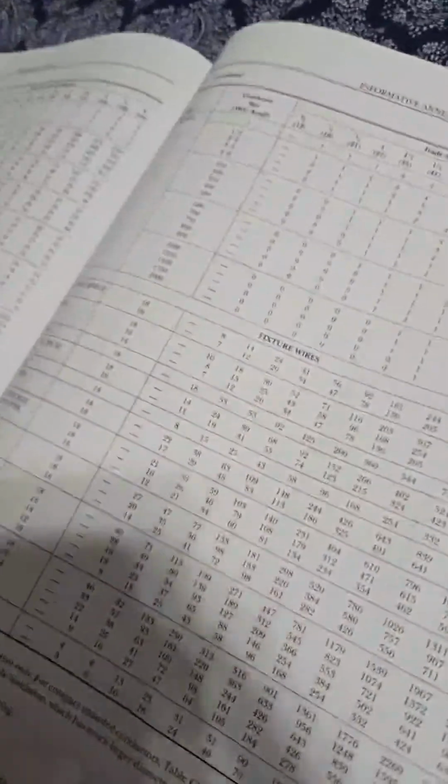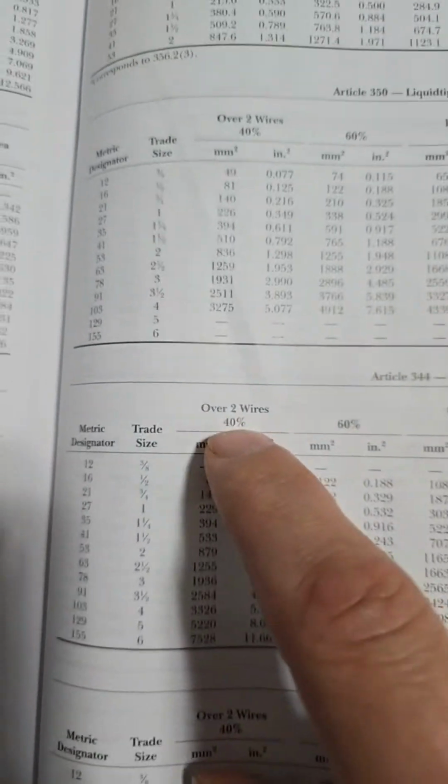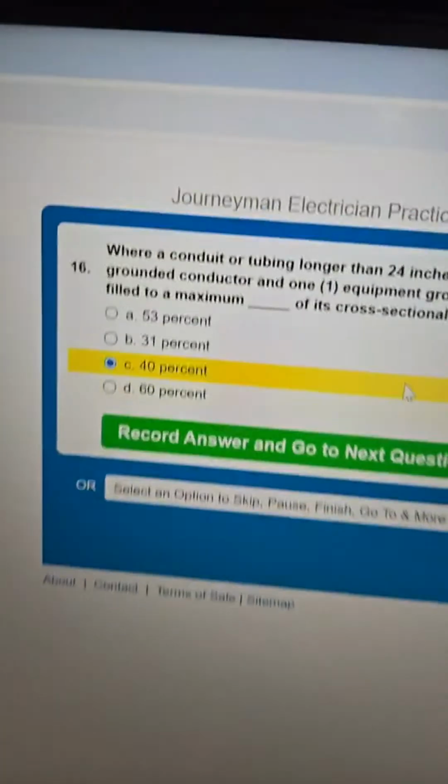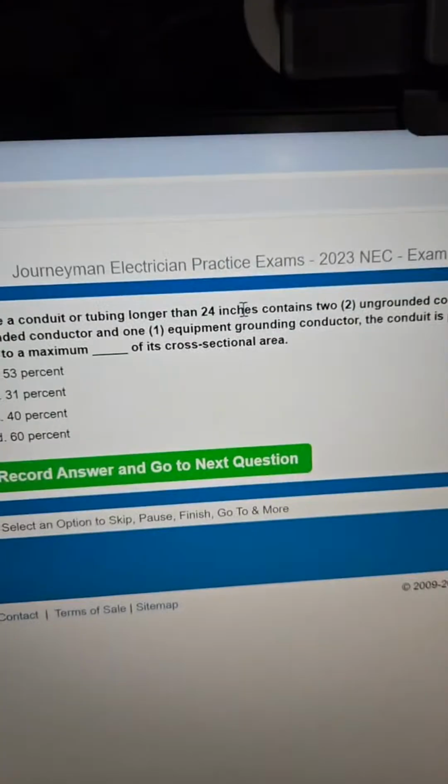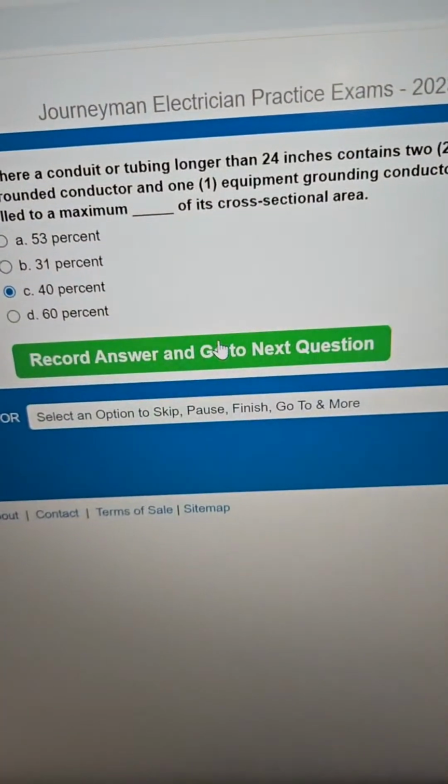And if we look in this chart, over 2 wires, see, 40%. And it's longer than 24. So yes, it's definitely 40%.